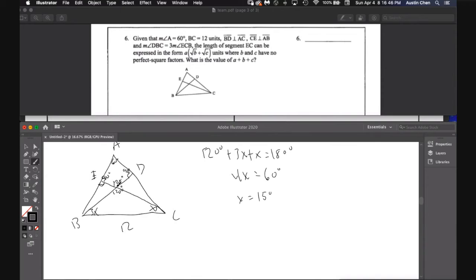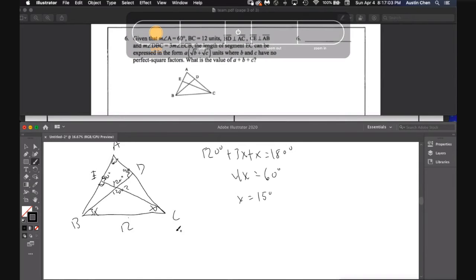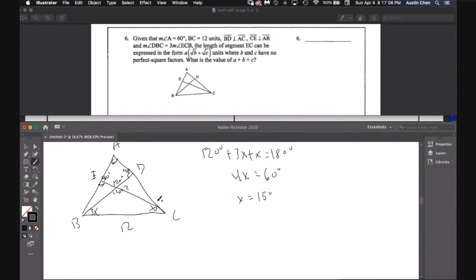So ECB is a right triangle, and we want to figure out what EC is. We have the hypotenuse BC, and we have this angle x, right? So we can do some trick here to relate all three of those variables. Well, we have 2 of those variables, so it's really just making one equation with one unknown variable, and then we can solve for that and hopefully find our answer, right?